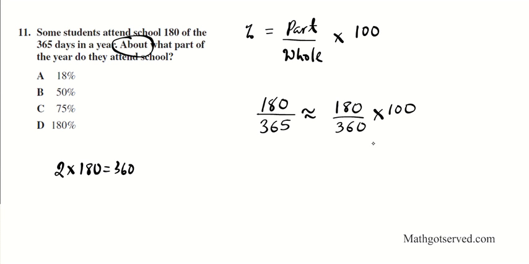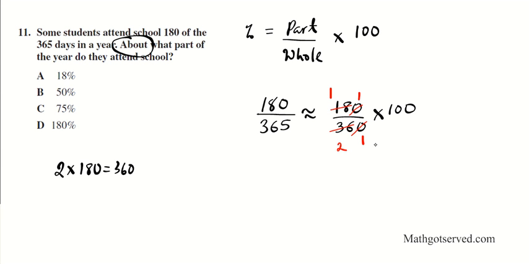Okay? So we can divide by 10. To divide by 10, it just takes out a 0 here and a 0 right there. And then 18 goes into 36 twice, because 18 times 2 is 36. So 18 goes into itself once, and 18 goes into 36 twice.